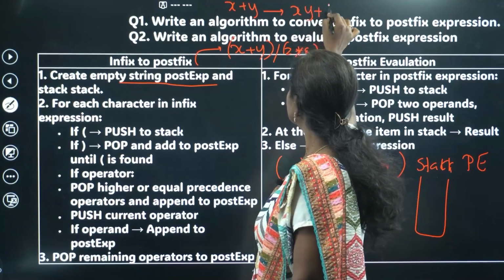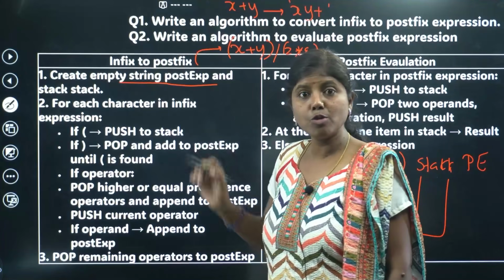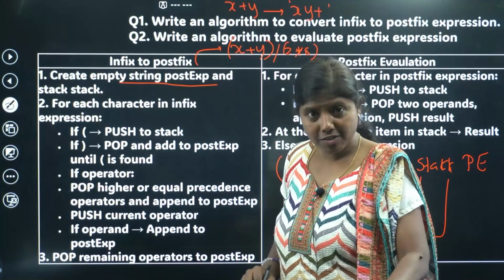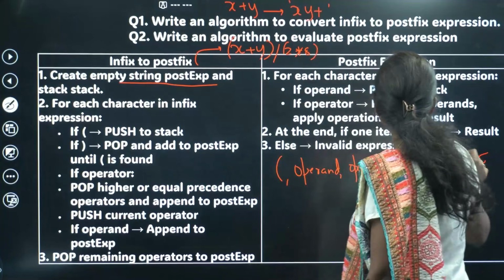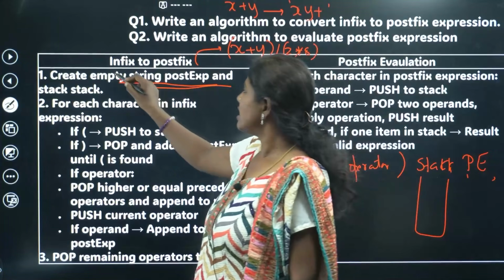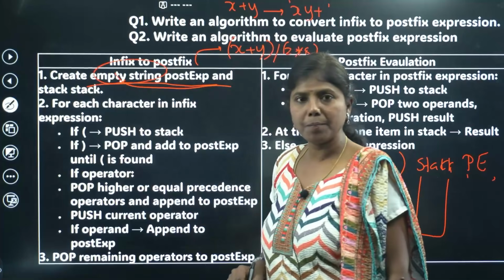For example, if this is the infix, the postfix expression is going to be xy plus. Infix is given, postfix we have to get. That is in the form of a string only, and it starts as an empty string.